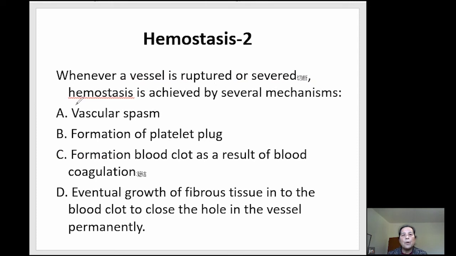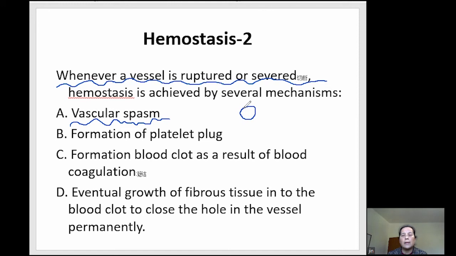So that's the process. It's a little bit more than we're thinking about. Right after the blood vessel is damaged or cut, firstly the smooth muscle of the blood vessel goes into spasm.